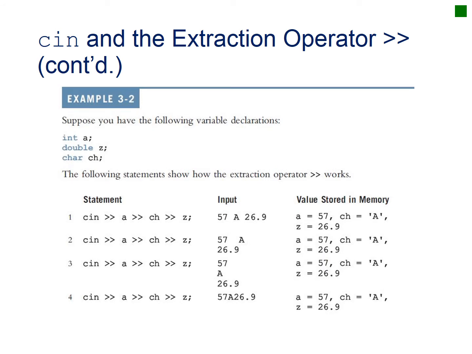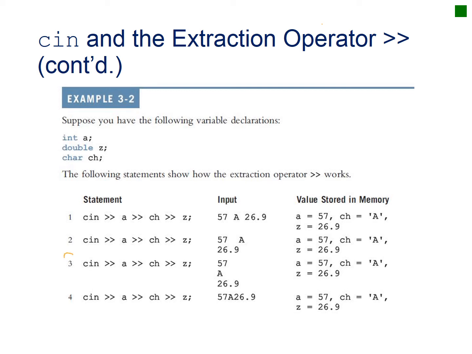Let's look at some more examples using cin and the extraction operator. Example 3-2 gives us the following declarations. A is an integer type, Z is of type double, and CH is of type character.